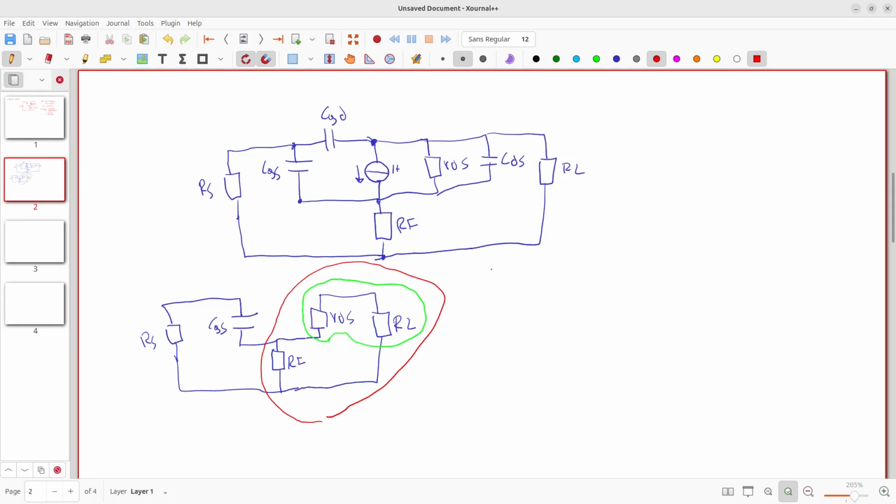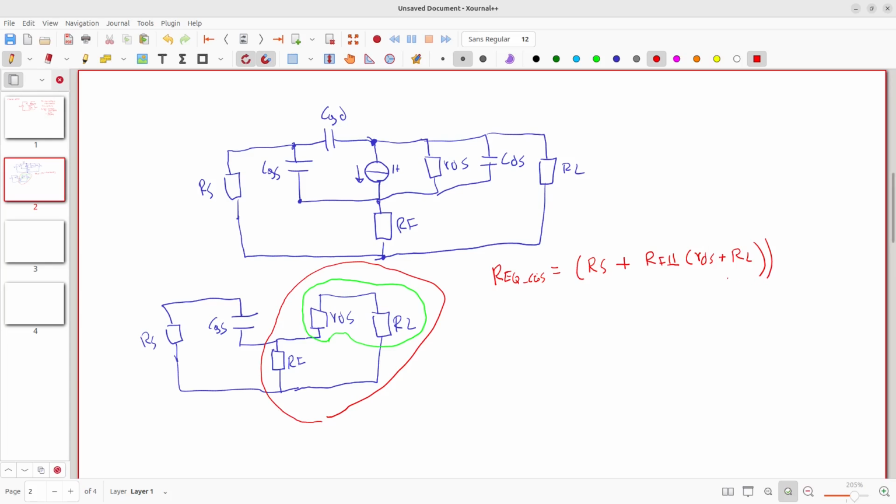So the equivalent resistance for CGS will be equal to RS, which appears directly here, plus RF in parallel to RDS plus RL.